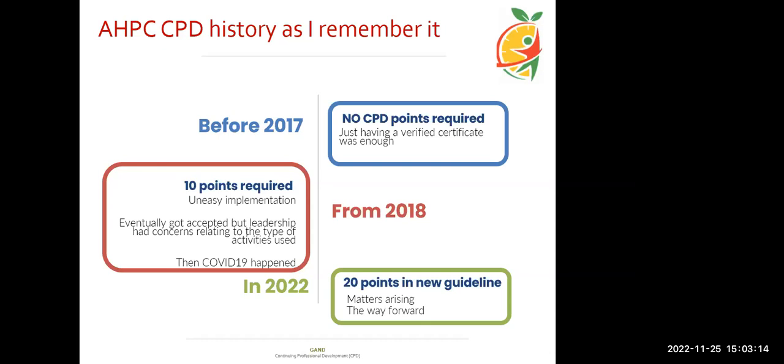So COVID suddenly made it possible for us to implement the proposals that the allied health professions had submitted to the council, except that the council decided to select aspects of the proposal and apply those aspects within the context of the pandemic. Then in 2022, the board of the council finally decided, okay, fine, we have tested components of the proposals.